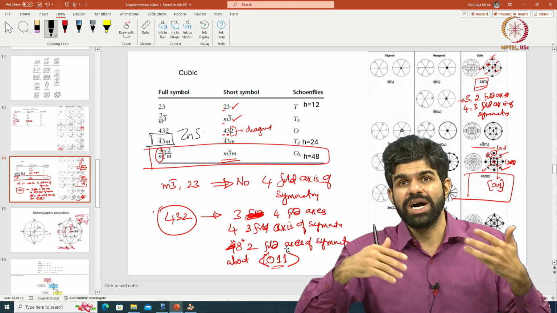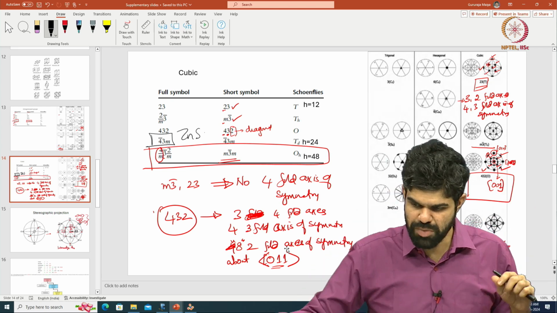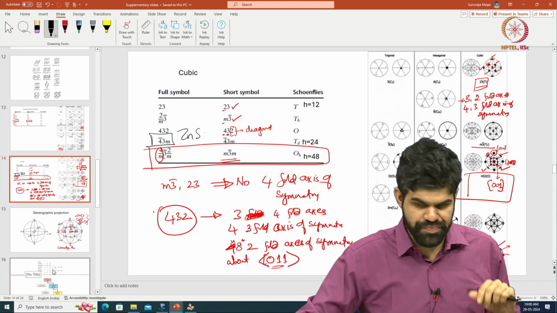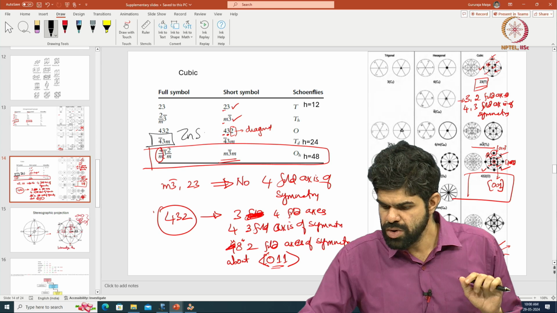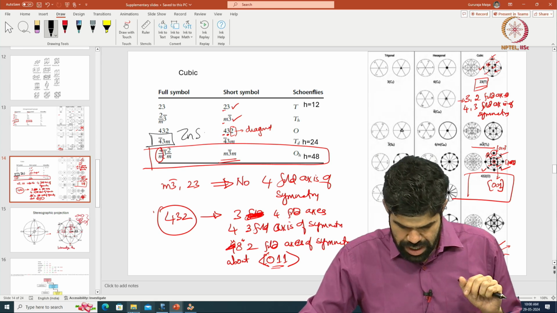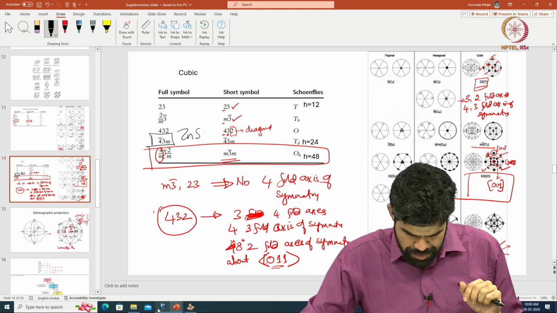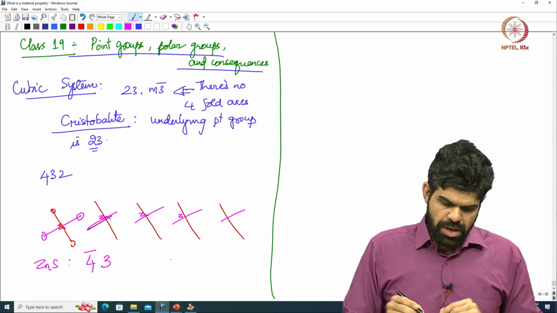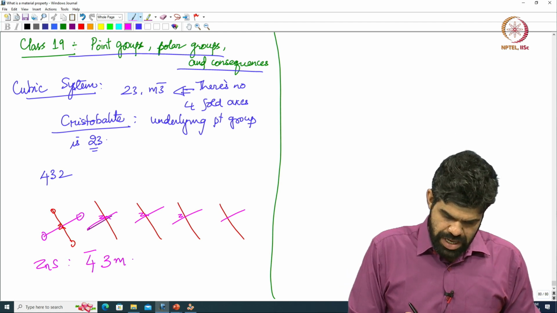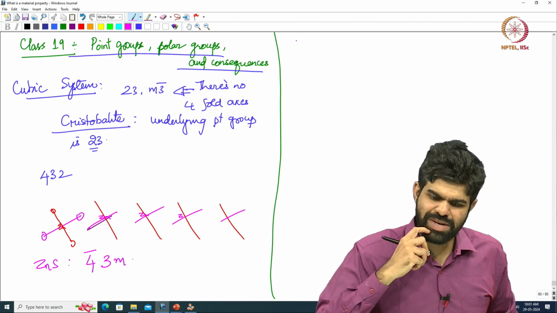You cannot go to a higher symmetric structure, okay. So that is the point that you might want to take home. Okay, so that is about the cubic crystal systems, 4 3 and then the m.